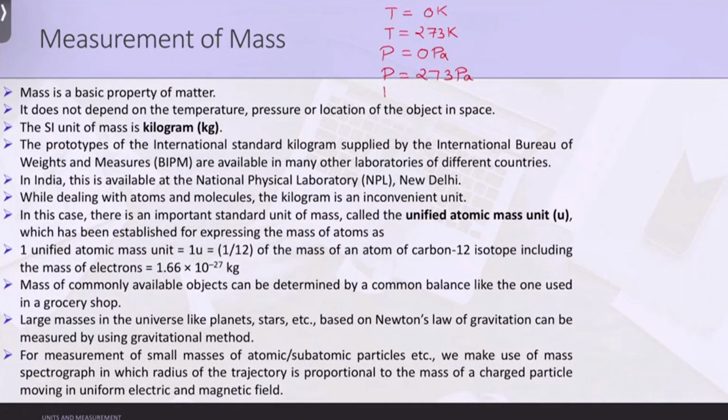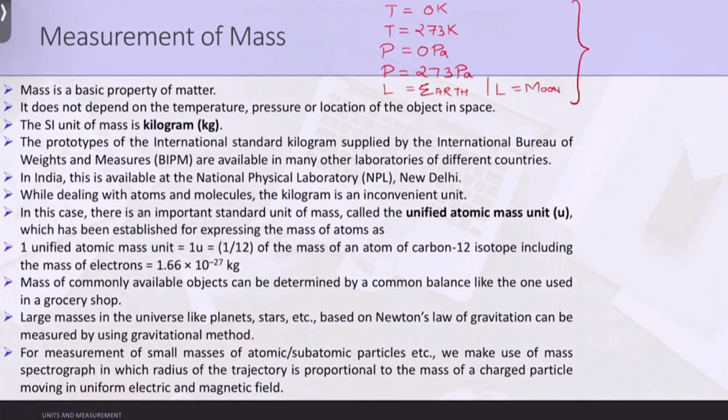Let us say the location is Earth, or let us say the location is Moon. At each and every location, in any permutation and combination, whether you take anything from temperature, anything from pressure, anything from location, the value of mass will always be the same.